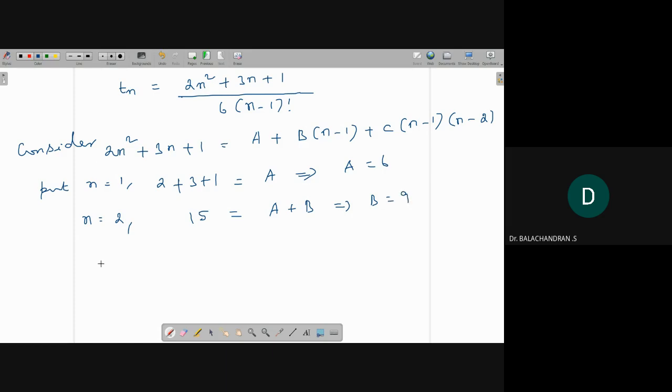Now substitute n equal to 0. That is the constant term. Left hand side is 1, right hand side is a minus b plus 2c, since the other terms are 0. We know a is 6 and b is 9, so 1 equals 6 minus 9 plus 2c. This implies 4 equal to 2c, so c equal to 2.